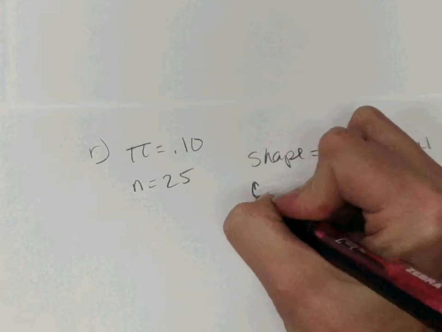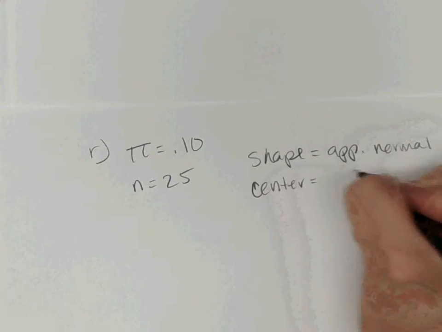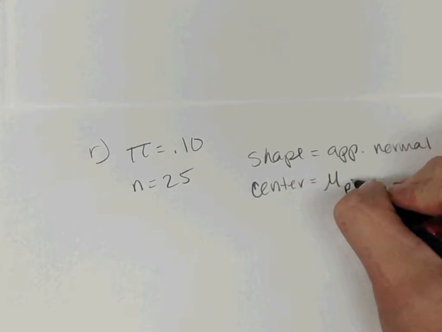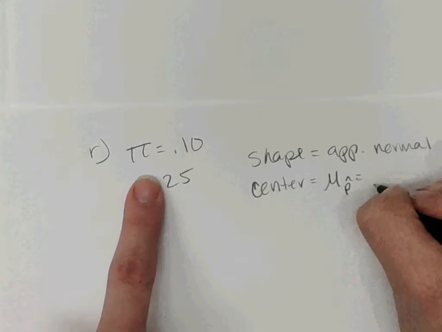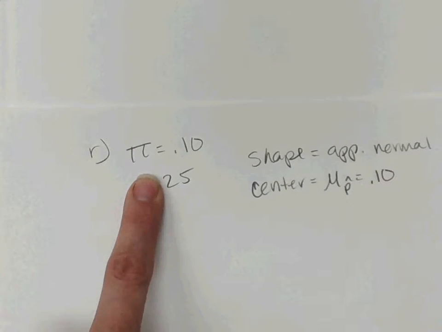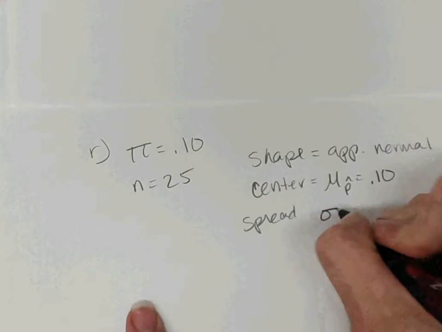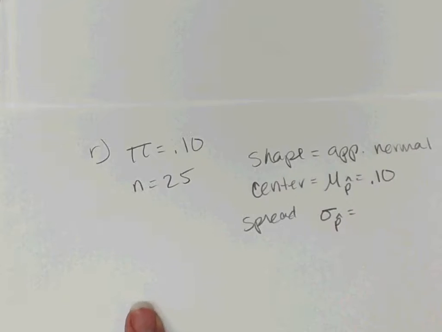My center, remember, it's the mean of all of those p hats, it's going to be centered around pi, which is 0.10. And then my spread, so the standard deviation of all of those p hats, I have a formula.